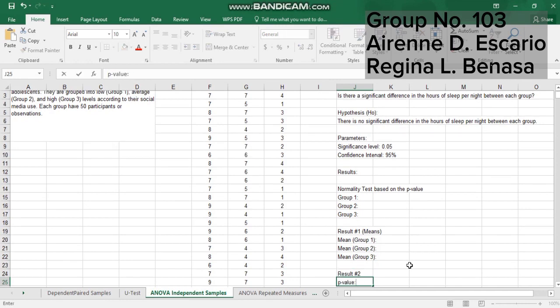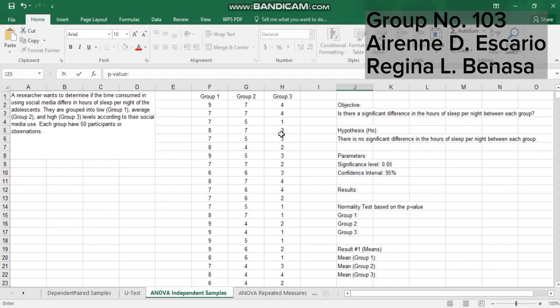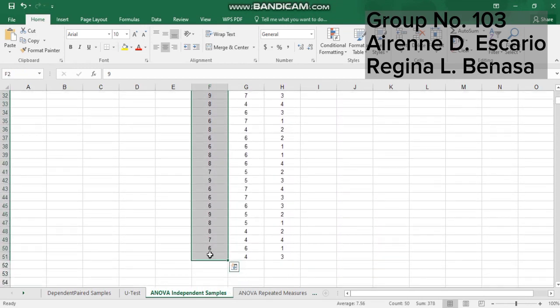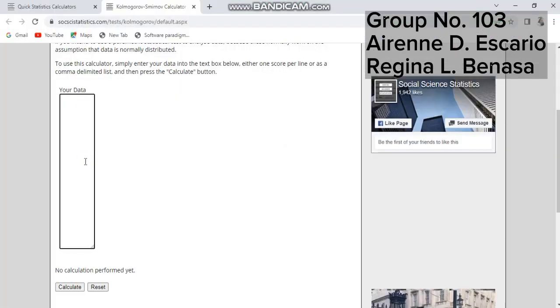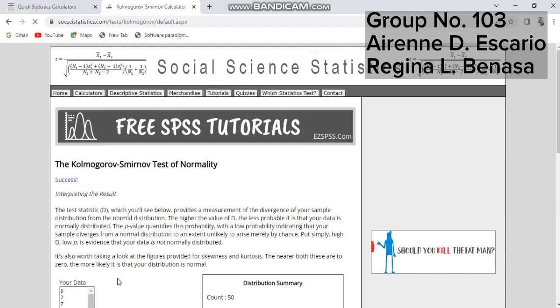We proceed to normality testing using the Kolmogorov-Smirnov test. Let's copy our dataset for group 1 to test if they are normally distributed or not, and then paste it in the text box, then calculate.